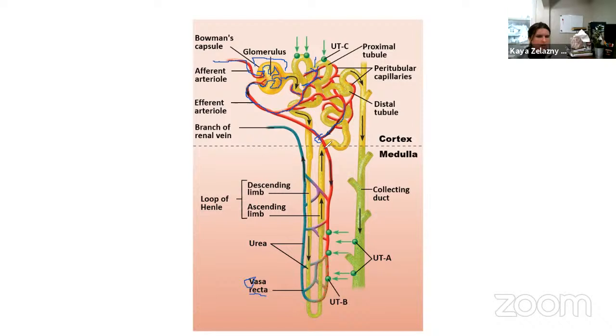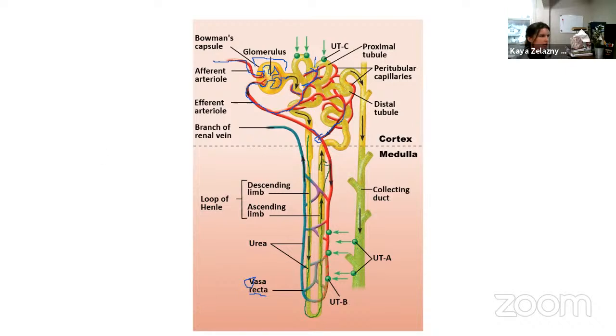What I want you to notice before we go through a couple slides on the vasa recta is that they're going the opposite direction of the flow through the loop of Henle. So if we trace the flow through the loop of Henle, right, we have descending limb over here on the left, looping down, coming up is the ascending limb, right?